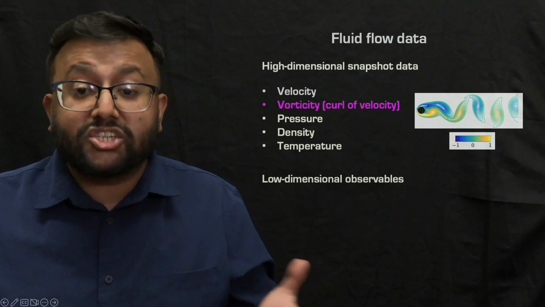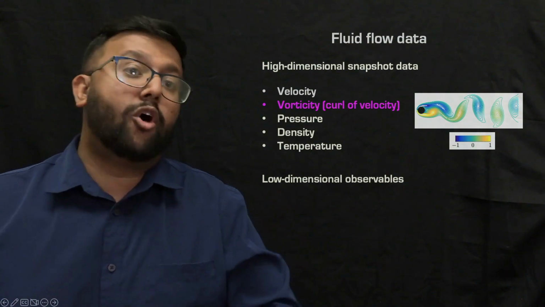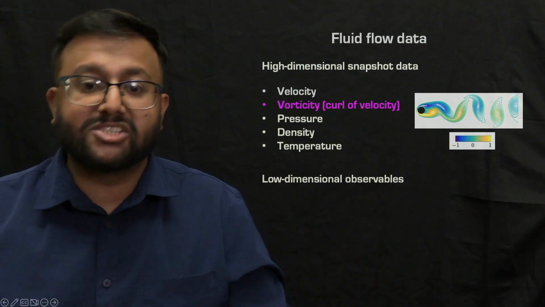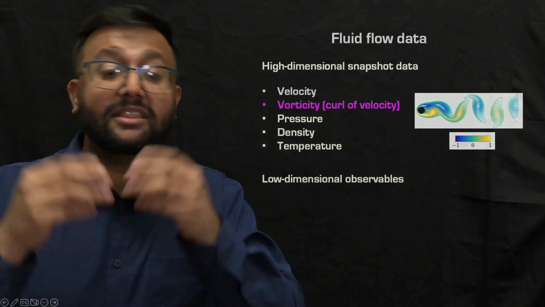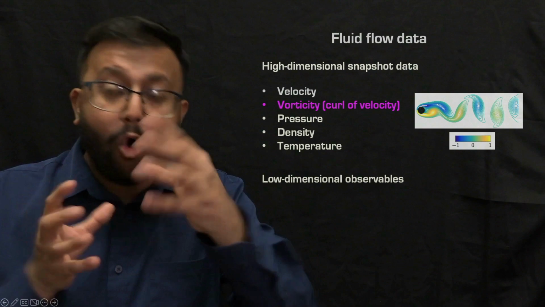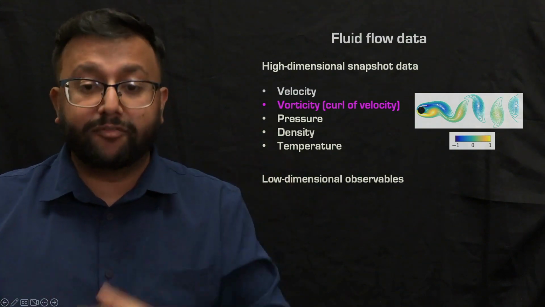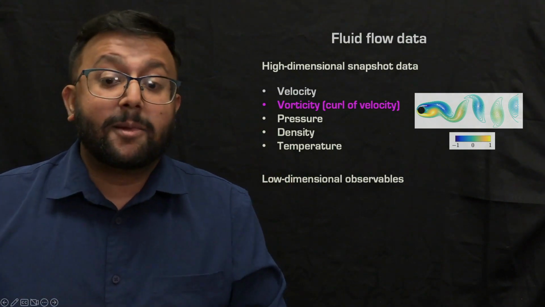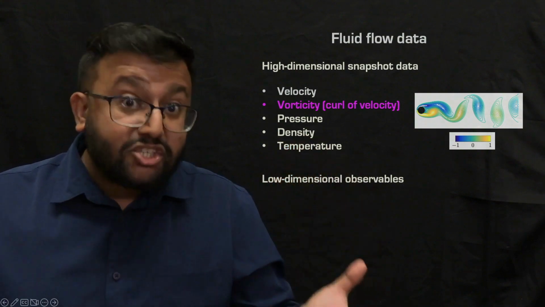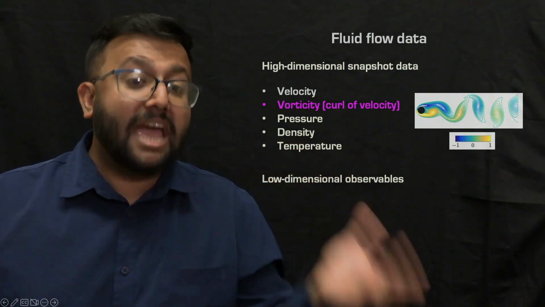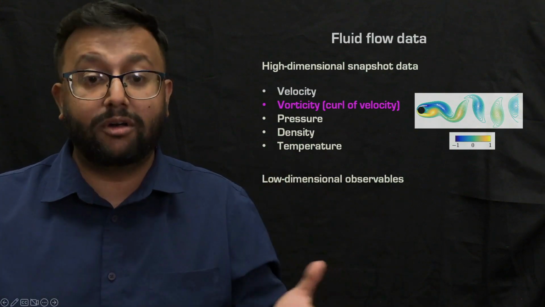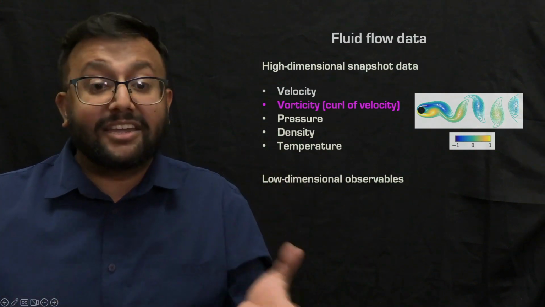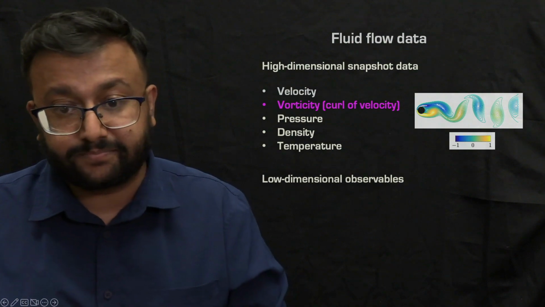Typically, the high-dimensional snapshot data involve variables like velocity and vorticity. Vorticity is nothing but the curl of velocity, or the rotation of the fluid elements. You have pressure, density, temperature.